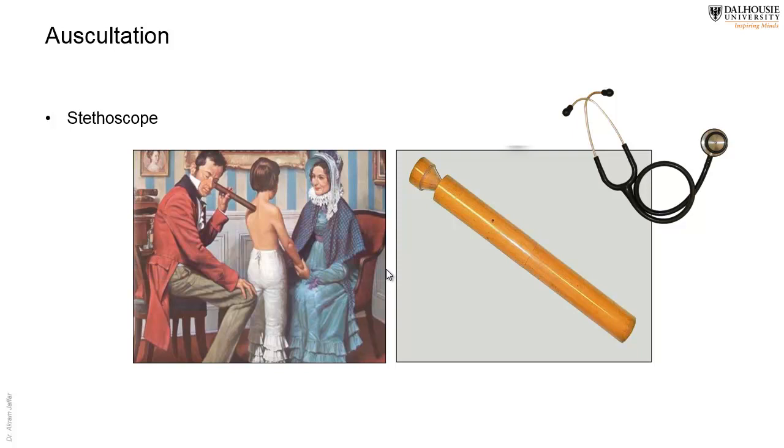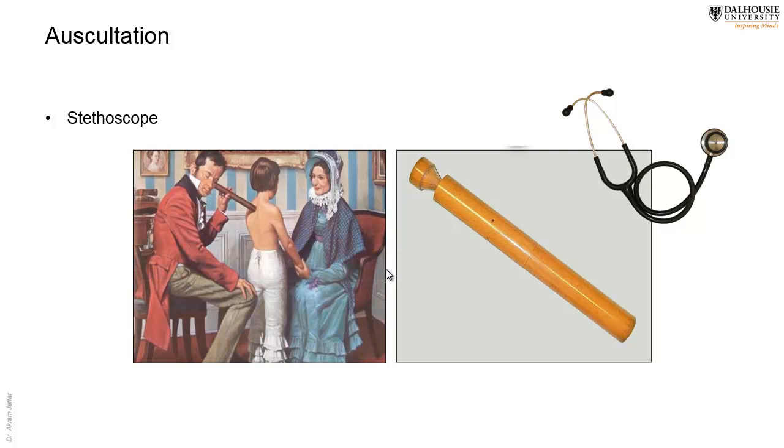And this is about auscultation. Auscultation is listening to the heart sounds, and you usually use the stethoscope. This is Laennec, the French physician who first invented the stethoscope to hear the sounds of the heart and the breath sounds. This is called indirect auscultation.